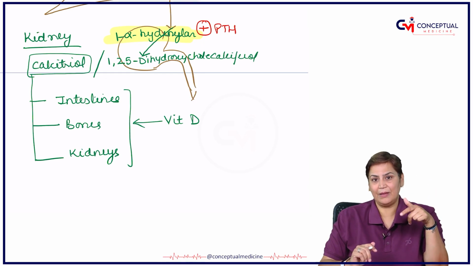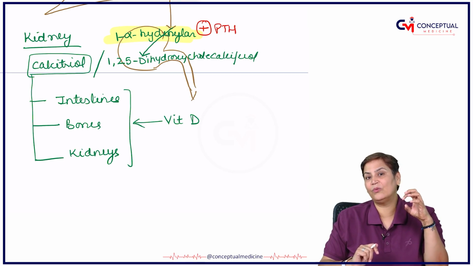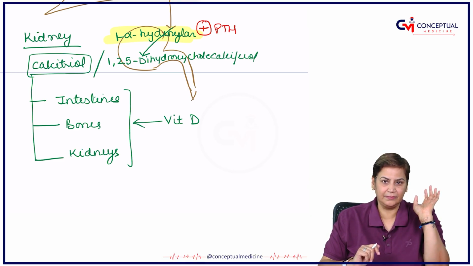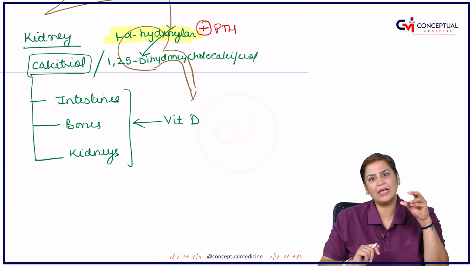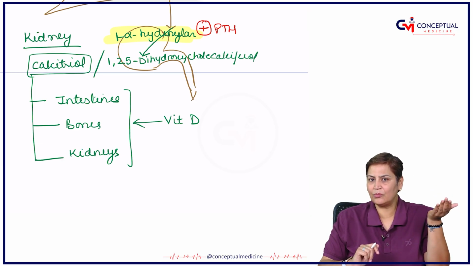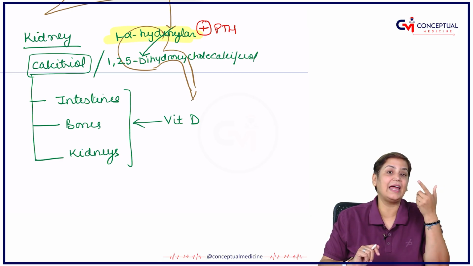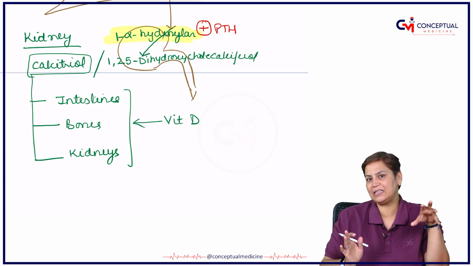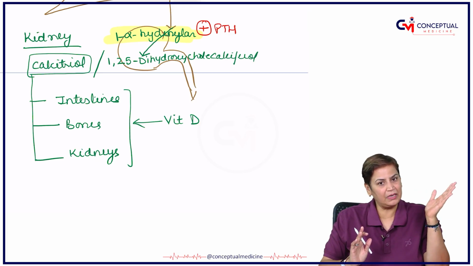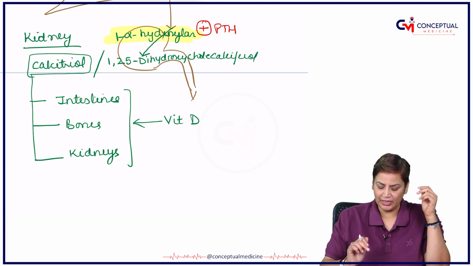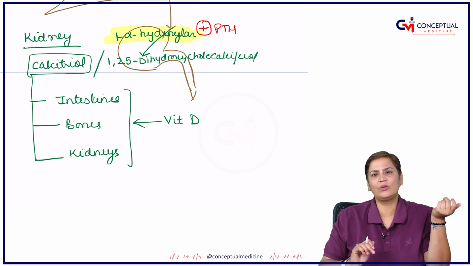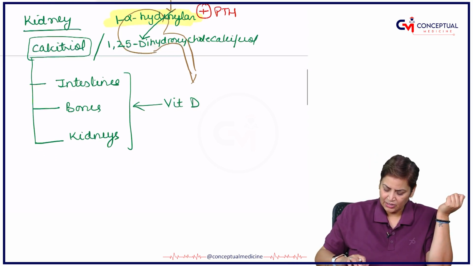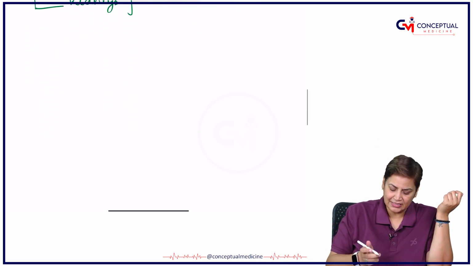This is one step in that, that PTH will always accelerate 1-alpha hydroxylase, right? And we know that PTH, parathyroid hormone, and calcitonin, they are antagonistic with respect to one another. So overall, if we see the difference between vitamin D, PTH and calcitonin, it is basically related to calcium and phosphorus levels only.